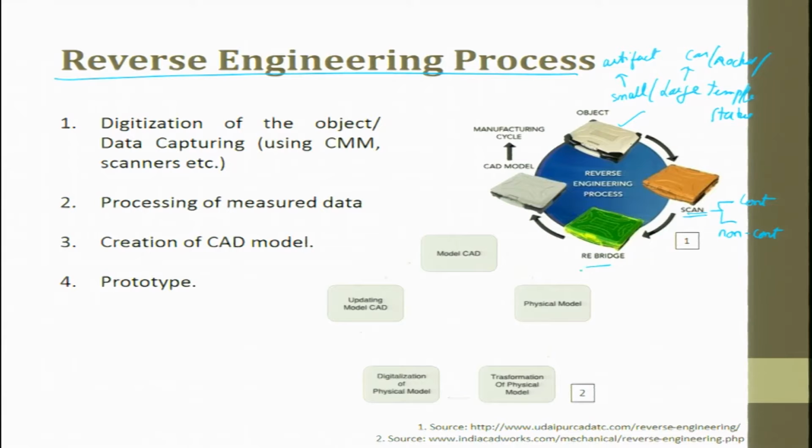Then we take all the data. When you do contact or non-contact scanning, you will have the XYZ data of points in 3D, and from this you can also get plane data. It collects all the data, which is called point cloud data.